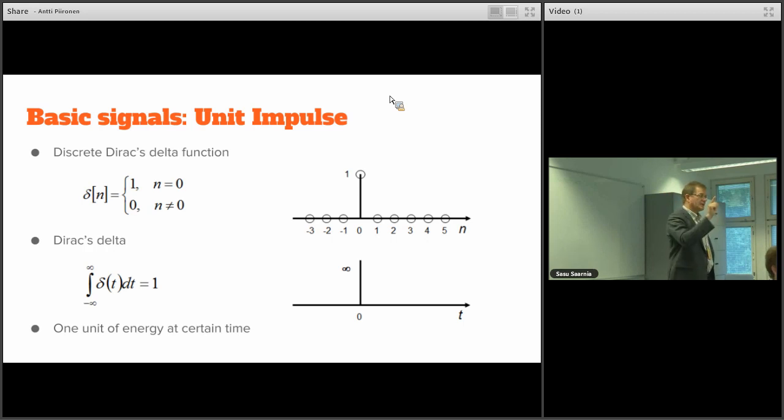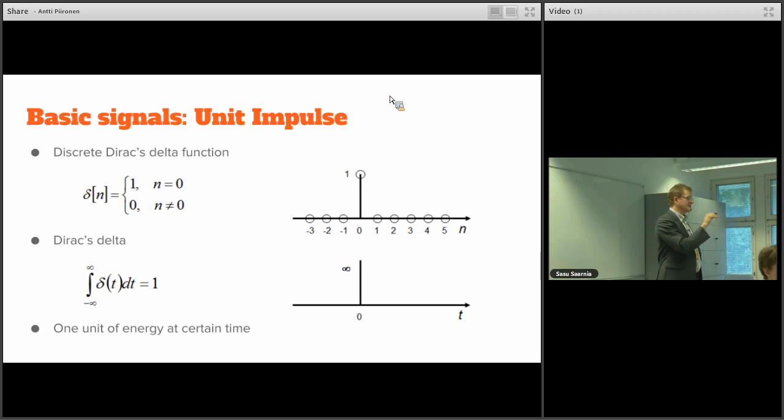The signal also has an analog counterpart, the Dirac's delta, which is quite useless in the analog world. This is just a mathematical concept. It is basically defined so that the value goes to infinity at 0.